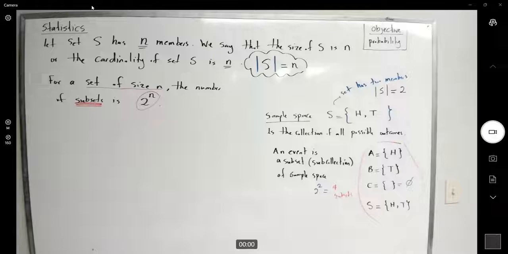We need to have an empty set, which represents an impossible event. There is a name for it. The probability of an impossible event is 0.